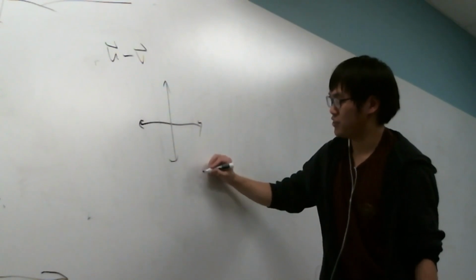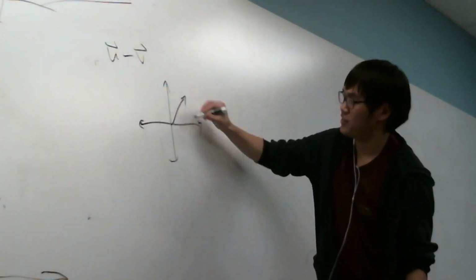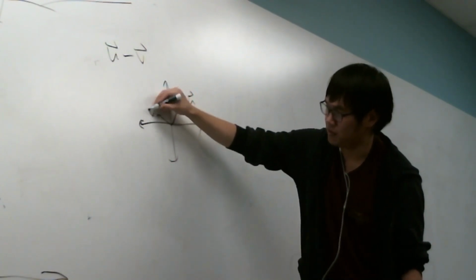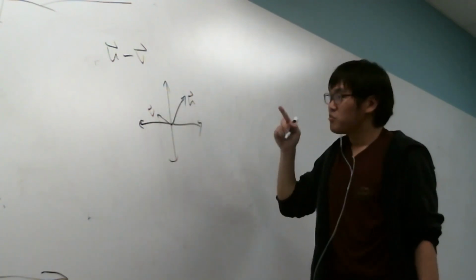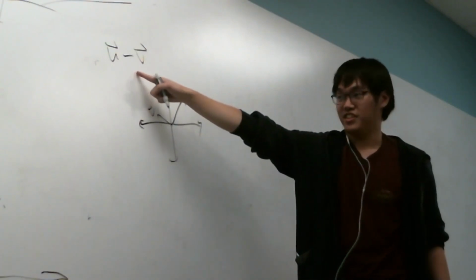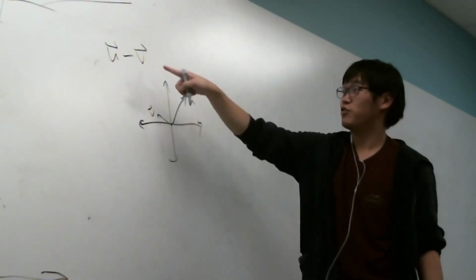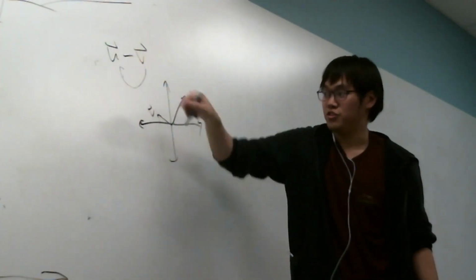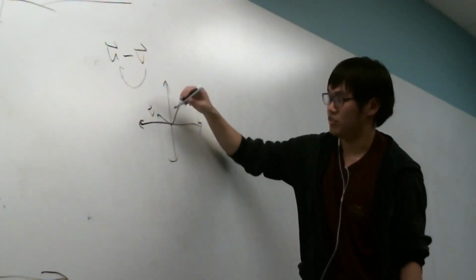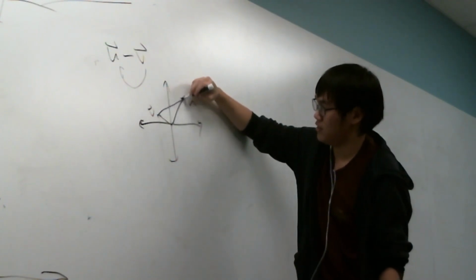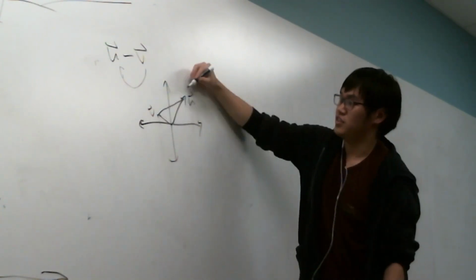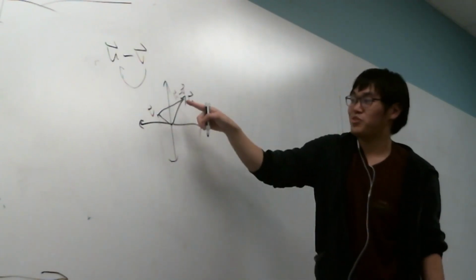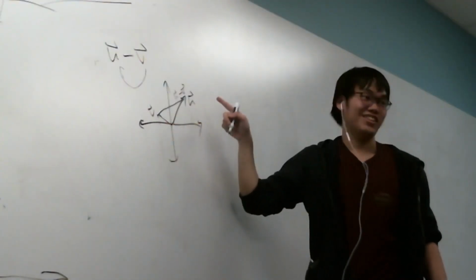If you look at it visually, let's say I have a vector here, that's U, and then vector V. Performing this operation gets you a vector that goes from V to U. It would be a vector that goes like this. This here would be U minus V. But you have to remember that it goes from V to U, not U to V.